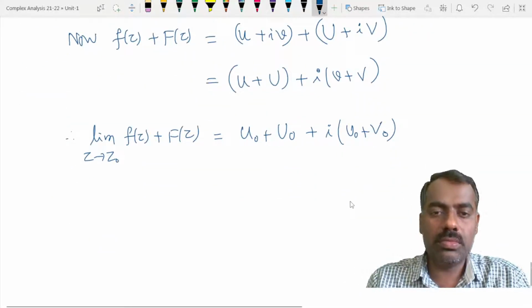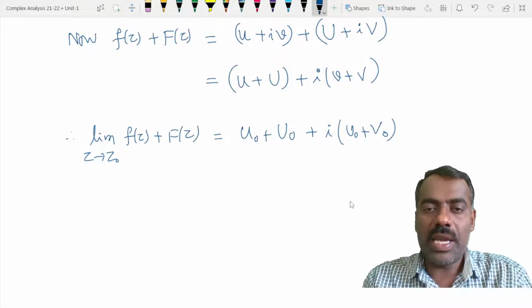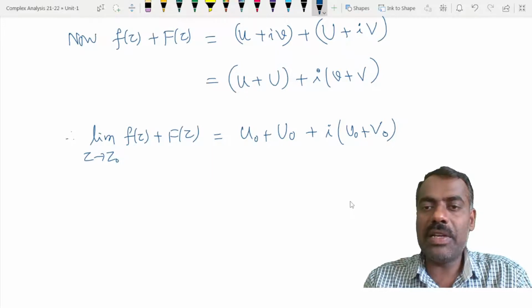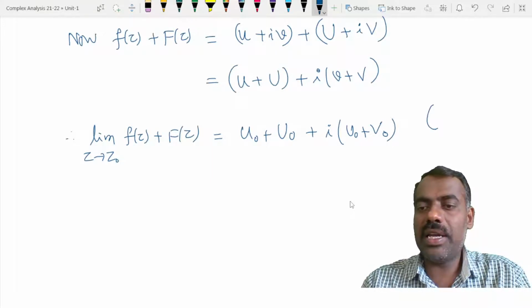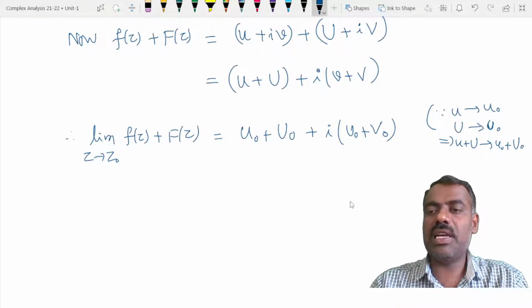Because u tends to u naught and v tends to v naught, capital U tends to capital U naught and capital V tends to capital V naught. So since u tends to u naught, similarly capital U tends to capital U naught, this implies u plus capital U tends to u naught plus capital U naught. Is this clear?